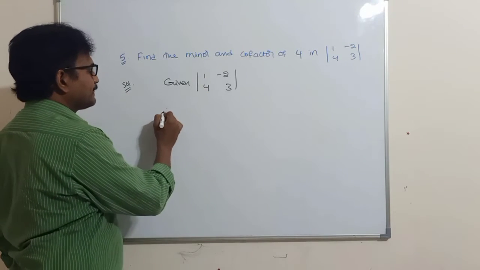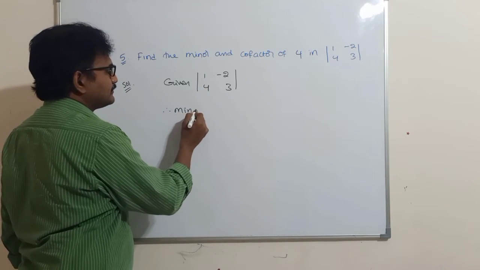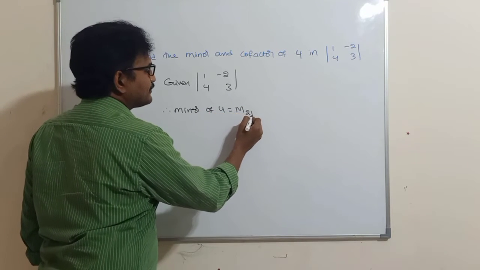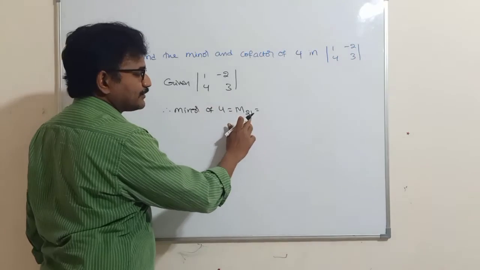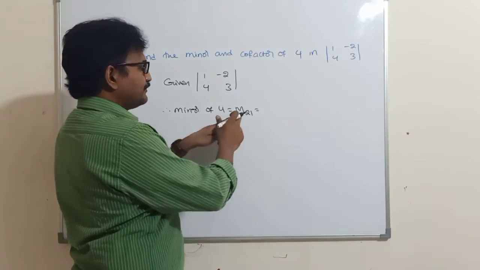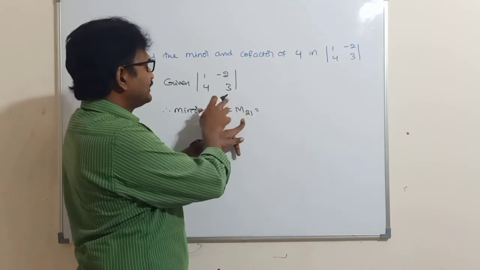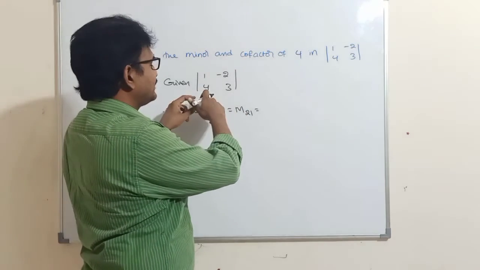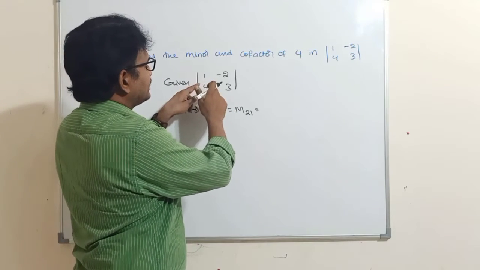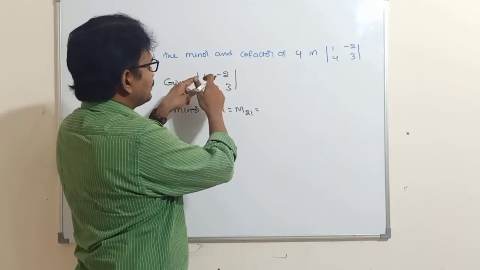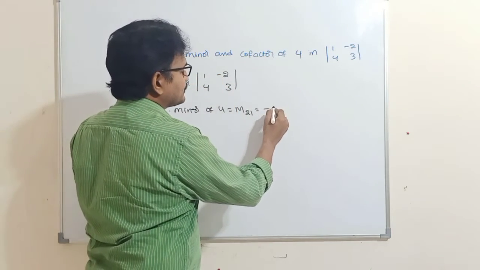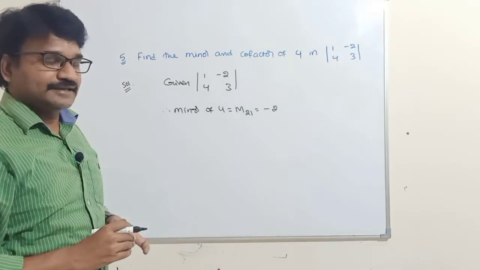Therefore the minor of 4 is M21. If you want the minor for any element, delete the row and the column of that particular element. So 4 is here. Delete the column of 4 and the row of 4. If you delete this row and this column, then what you have? Only minus 2. So this is called the minor of 4.